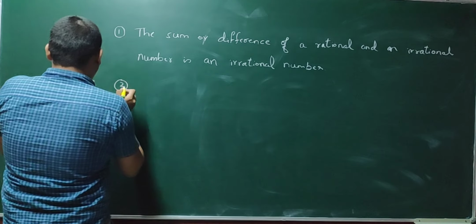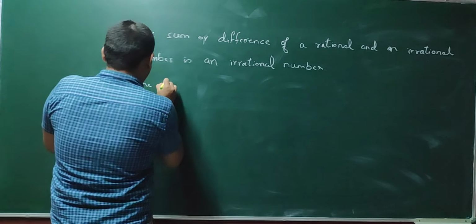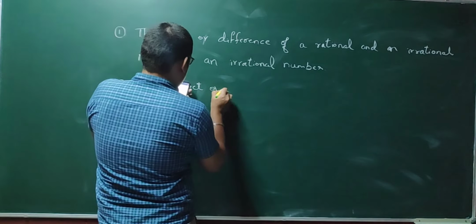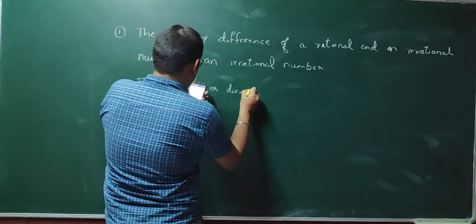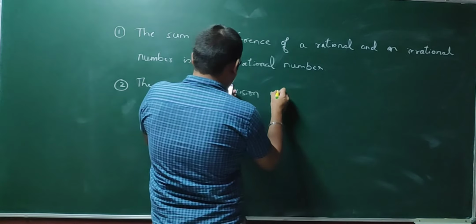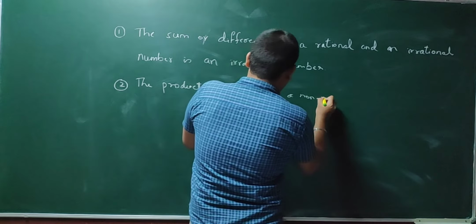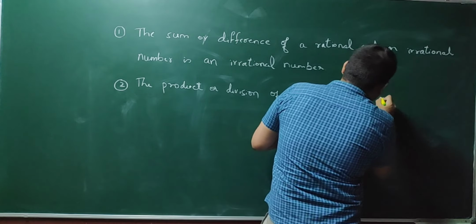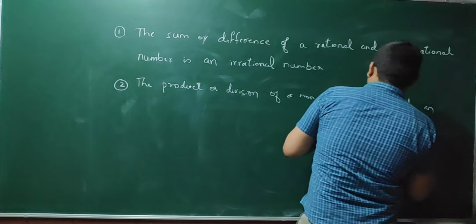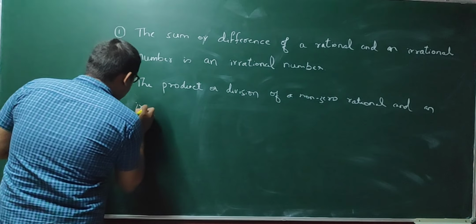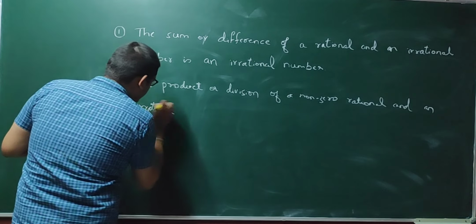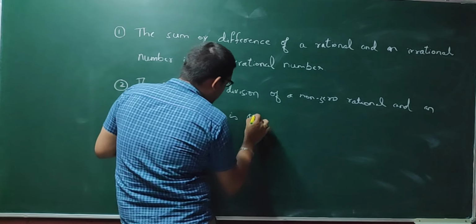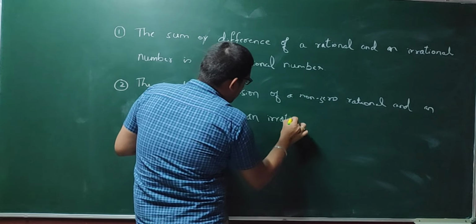Similarly, the second fact is that the product or the division of a non-zero rational and an irrational number is, can anybody guess, yes, an irrational number.